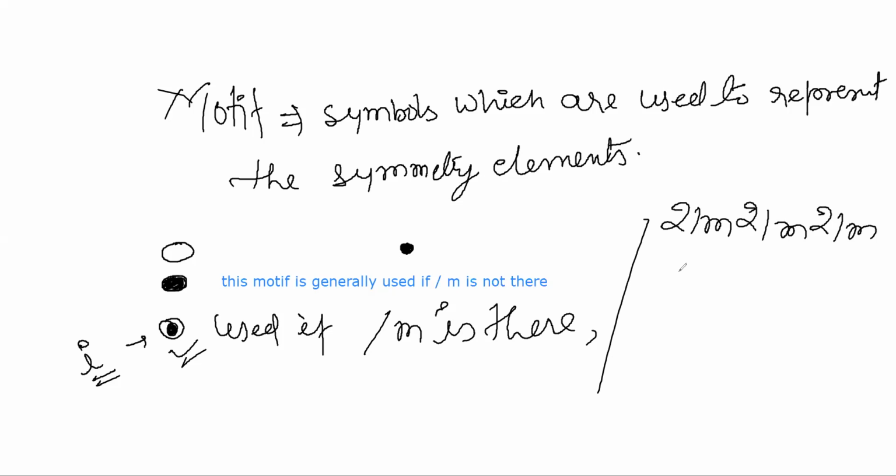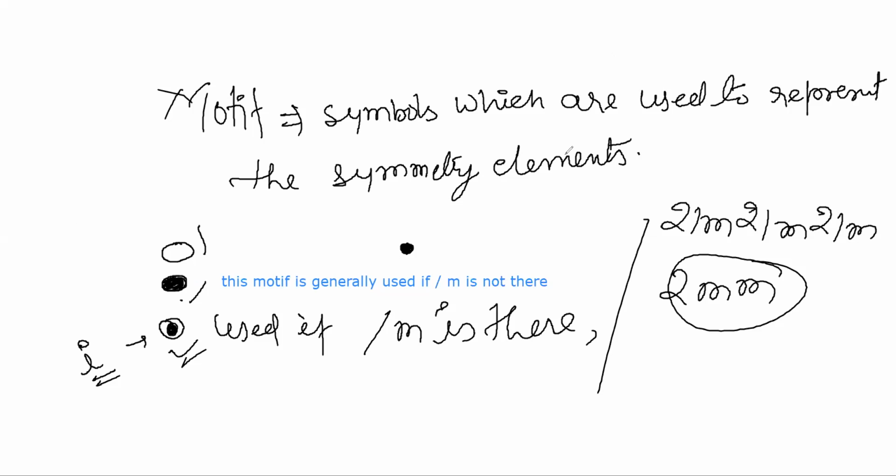If the symbol is 2mm, so if we will be drawing, this one will be used. And if it's not so, and with respect to this, sometimes we have to use this one. Getting my point or not? Is it clear? All right.